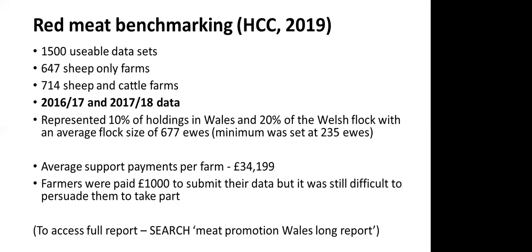There were 647 sheep-only farms and 714 sheep and cattle farms. And effectively, that represented something like 20% of the Welsh sheep flock, with an average flock size of 677. They had to have more than 235 ewes to take part in the project, though. So it does discount some of the smaller flocks.